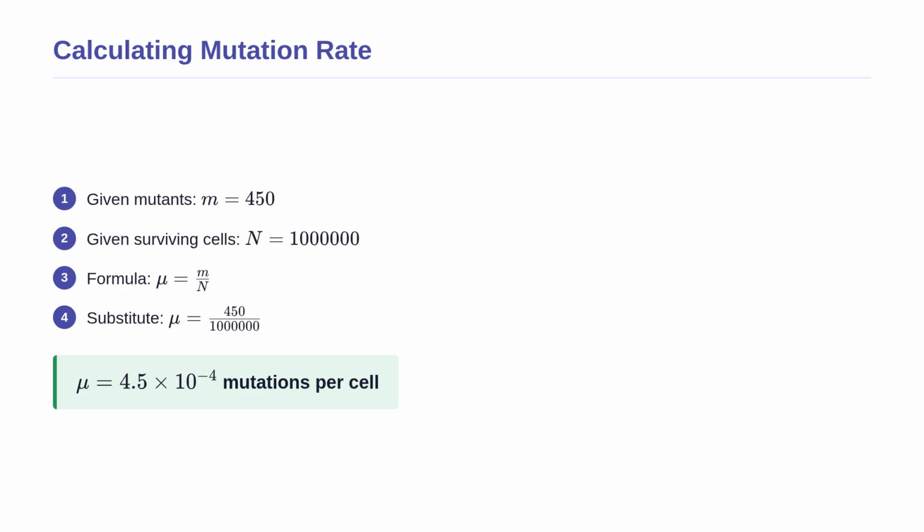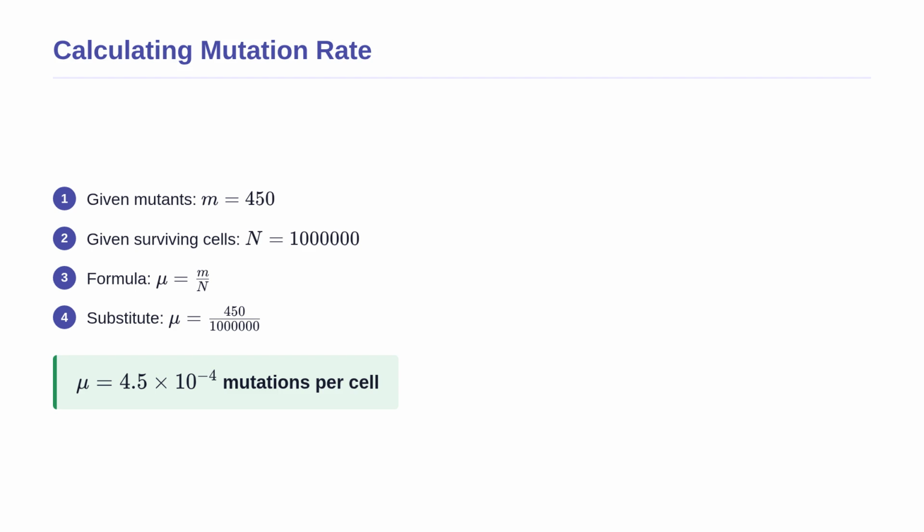Let us apply this new formula to a real laboratory scenario. A microbiologist treats a culture of bacteria with the chemical mutagen EMS. She counts exactly 450 mutant colonies, so m equals 450. The total population of surviving treated cells, n, is 1 million. We are asked to find the mutation rate.